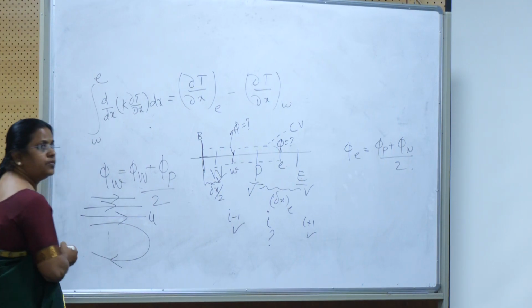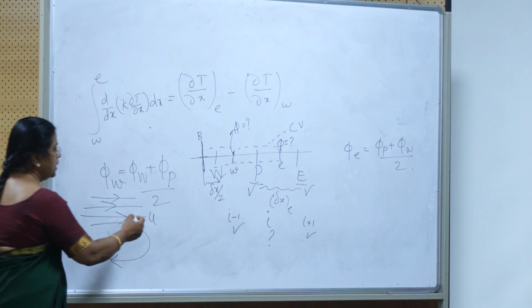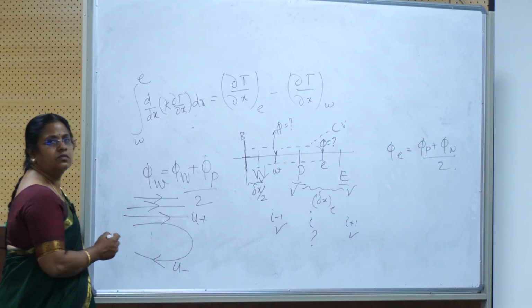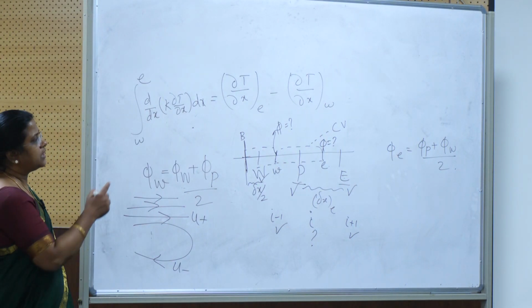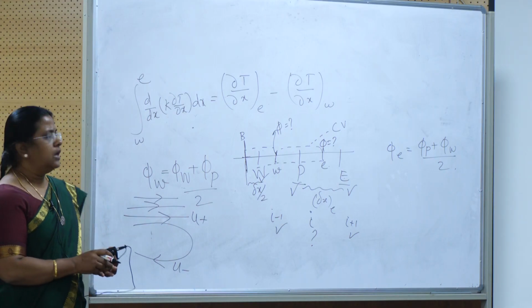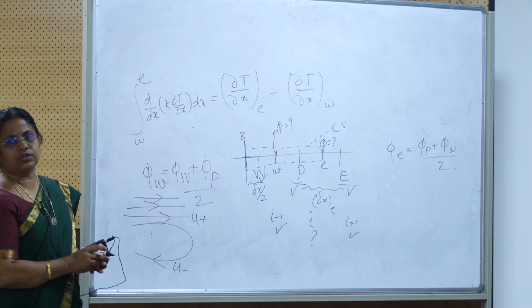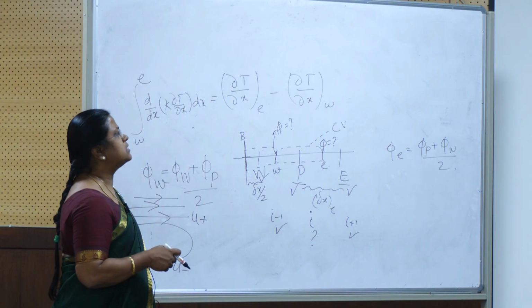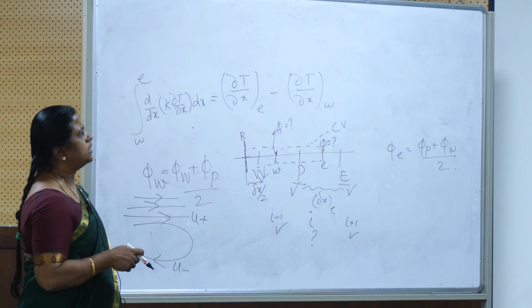It will move like this. So now here U is positive. Here U will become negative. Okay. That is why flux, F can be in the positive direction or F can be in the negative direction.